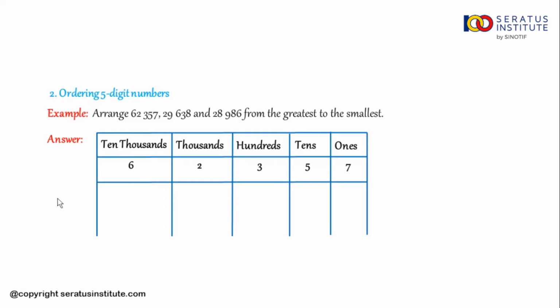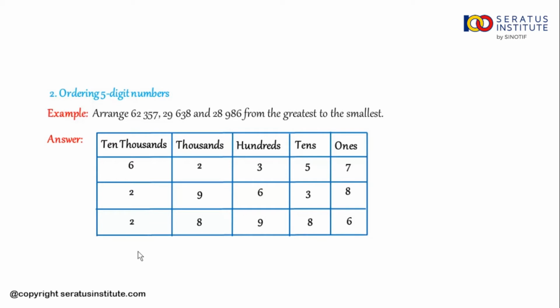For the second number, there is 2 in 10,000s, 9 in thousands, 6 in hundreds, 3 in tens, and 8 in ones. For the third number, there is 2 in 10,000s, 8 in thousands, 9 in hundreds, 8 in tens, and 6 in ones.